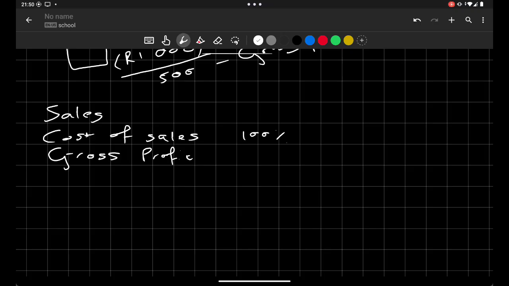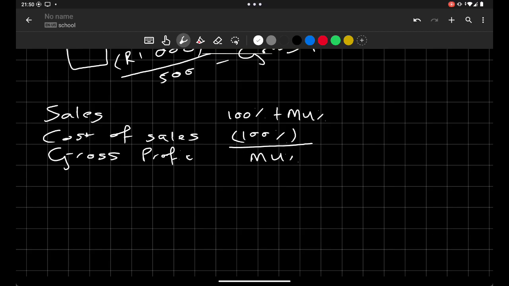You with me? So in that case, our sales is going to be 100% plus whatever markup percentage they give you in the exam, right? And then remember, cost of sales is an expense, we deduct it. Then deducting these two, you're going to get your markup, right?